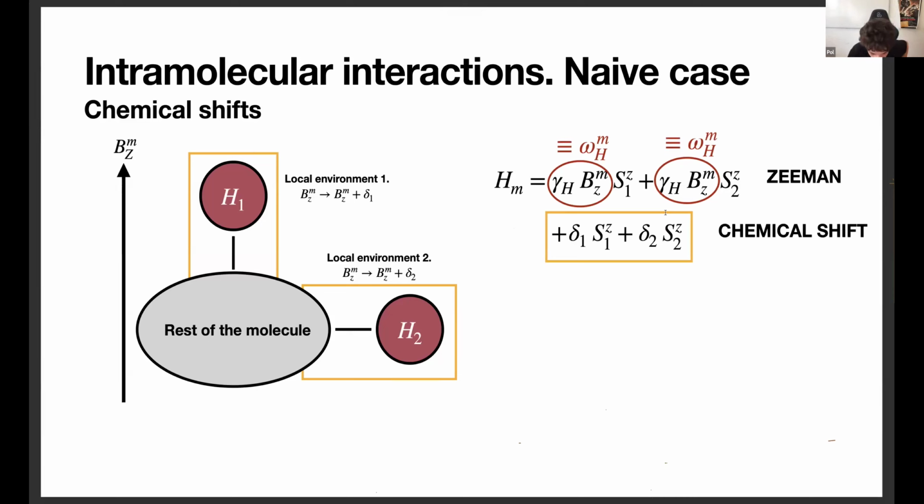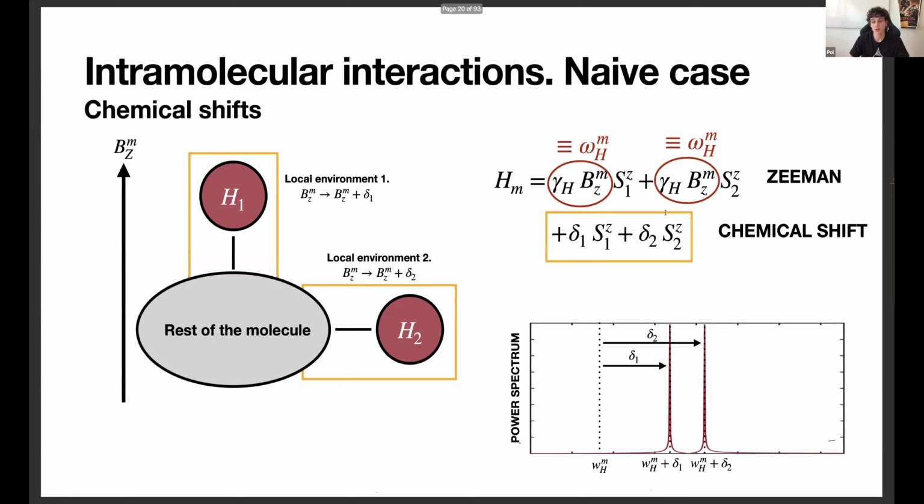Now, before moving further, how does this affect my signal? It will affect the frequency of each hydrogen. So when I Fourier transform that signal, it will affect the peaks where the frequencies are supposed to be. The dotted line corresponds to the resonance frequency if no chemical shift existed for both hydrogens. Since both are hydrogens, both peaks should be at this dotted line.